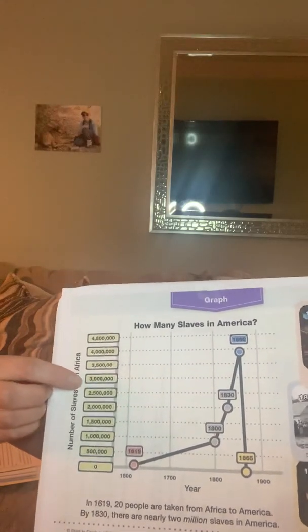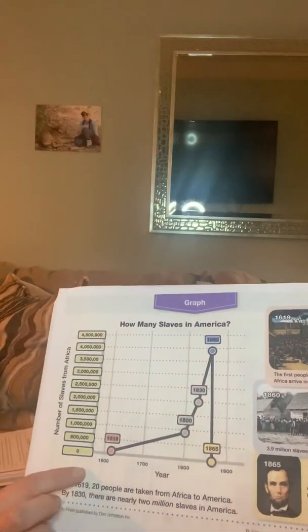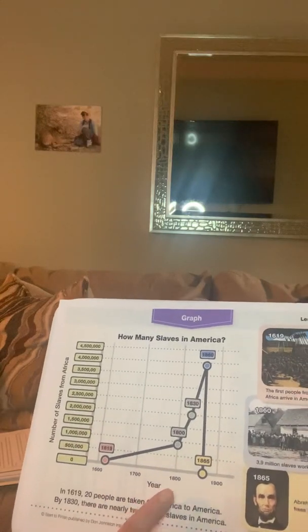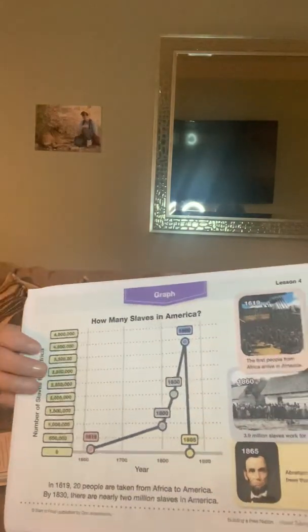We have 0, 500,000, 1 million, 1,500,000, 2 million, 2,500,000, 3 million, 3,500,000, 4 million, 4,500,000. Then down here we have the year, and we have 1600, 1700, 1800, and 1900. And then you can see the specific dates are written above the points.